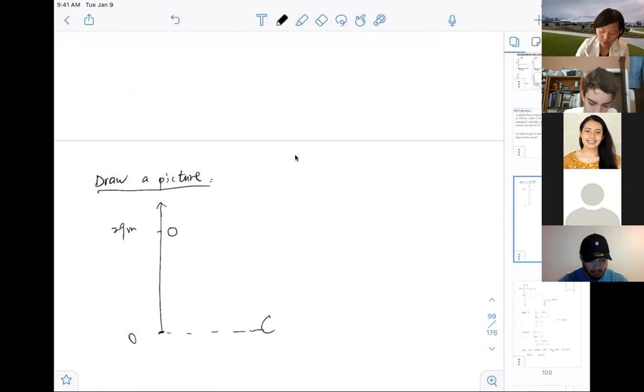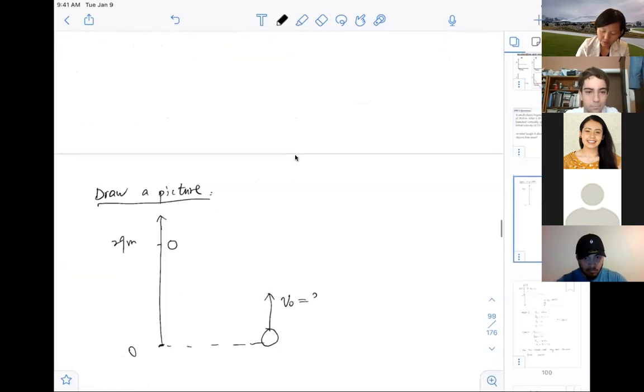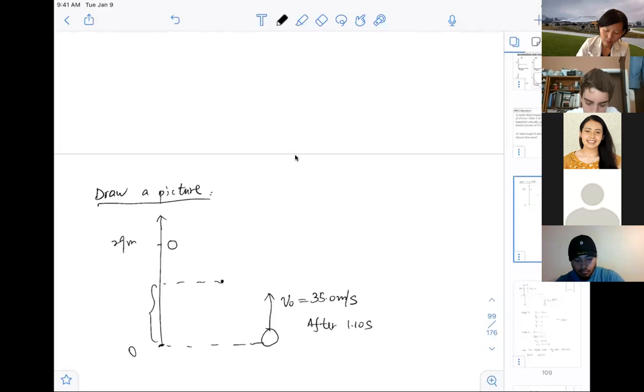So another one was here. It's going with a velocity of 35 meters per second, but that is after 1.1 seconds. Okay, so eventually they will meet, and let's just assume they meet somewhere here. That's when they meet.